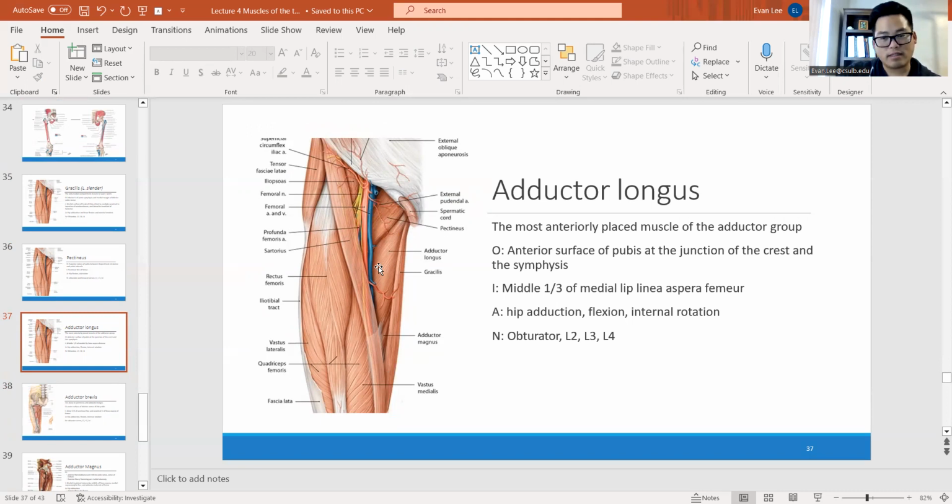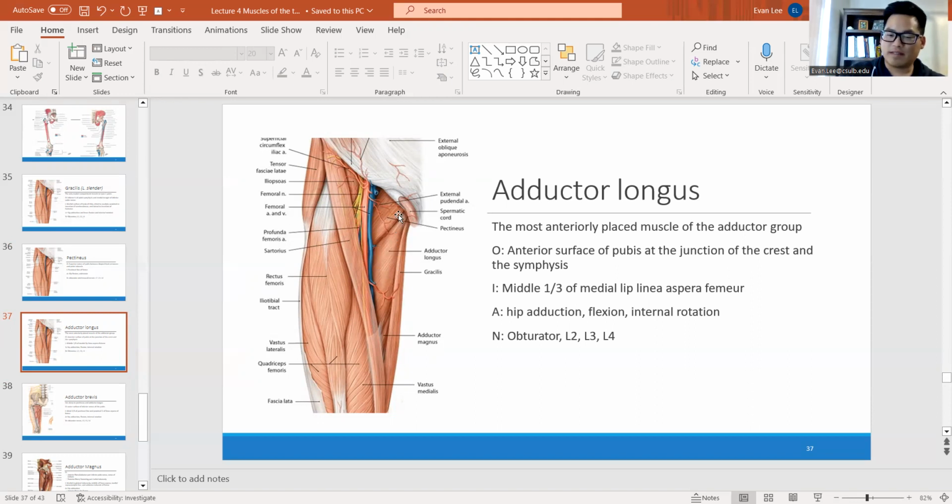And adductor longus, as its name suggests, is the longer of a pair of adductors. So this is going to be somewhat on the anterior side of the thigh and right in front of the gracilis. But this is going to be originating near the pubis, near the pubic symphysis, and then it's going to insert onto the linea aspera.